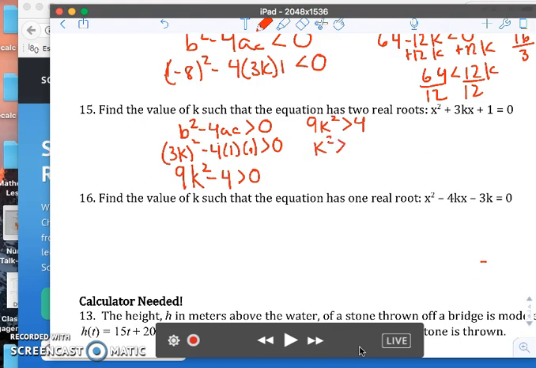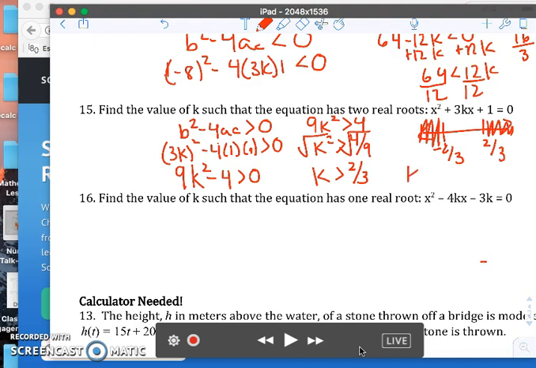K squared is greater than 4/9. Square root it, so we have k is greater than 2/3. But this is that number line one, because we square root it when we have an inequality. So we have 2/3, it has to be greater than that. And negative 2/3. So we have to think about where are those values, like 1 and 2 on the negative. They're over here. So we have k is less than negative 2/3, and k is greater than 2/3.